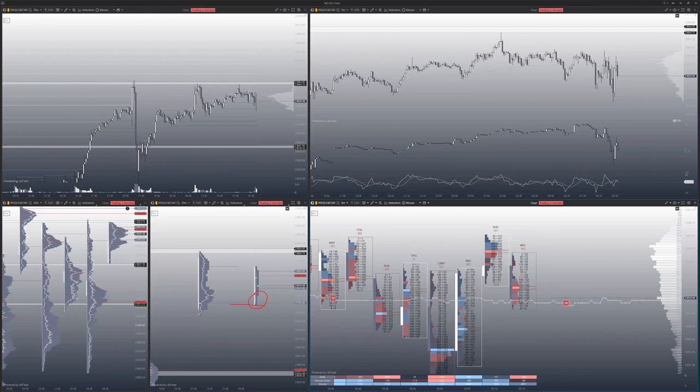We have also tested the previous value area high, and we also observed absorption on the lows. That's maybe my support area here. Let's see. Come on.